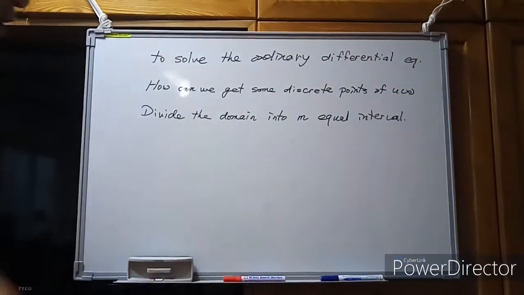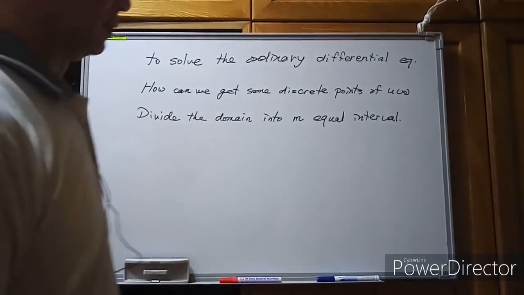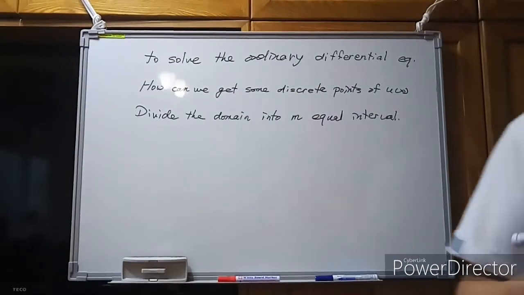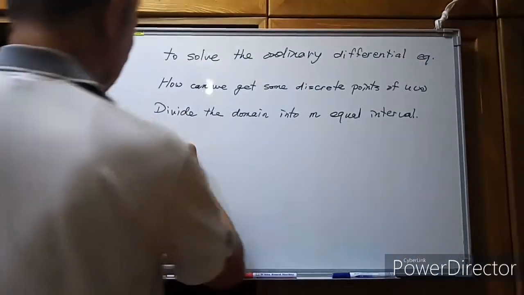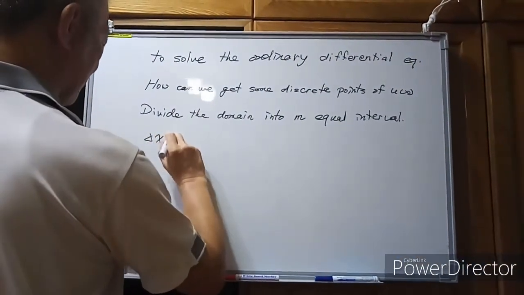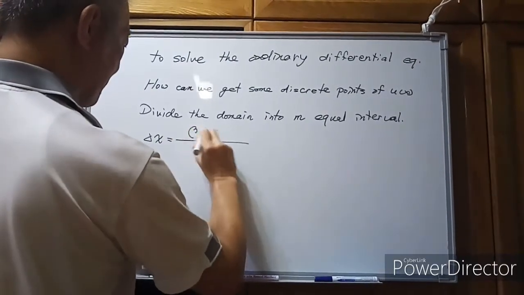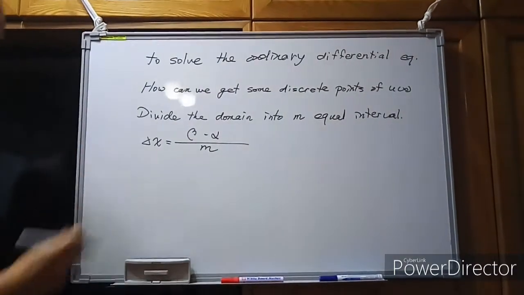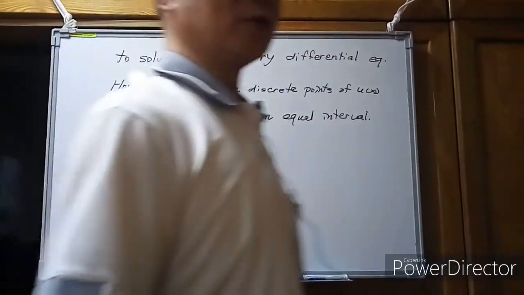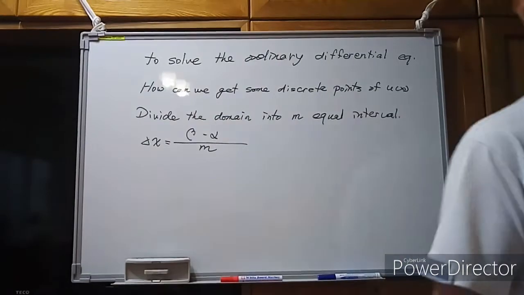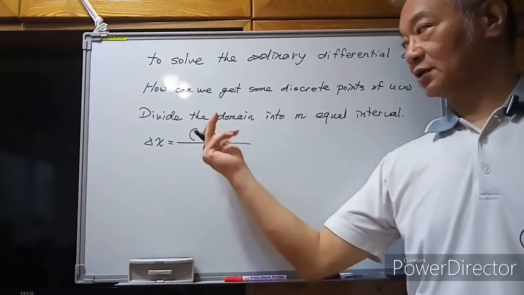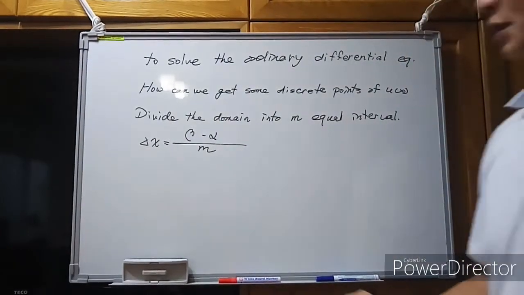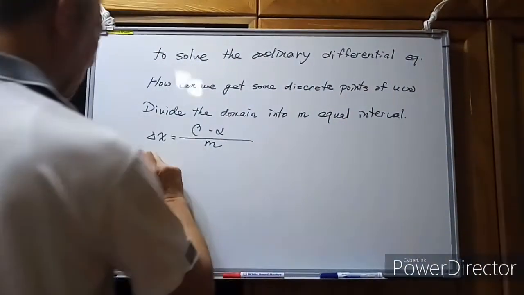First, we can divide the considered domain into m equally spaced intervals. That's the length of the interval. The delta x can be calculated by this formula: beta minus alpha divided by m.